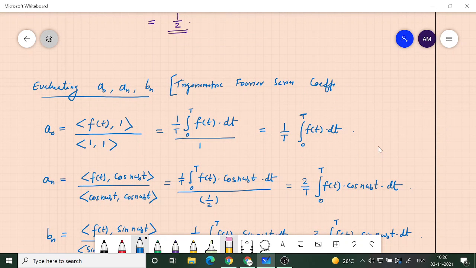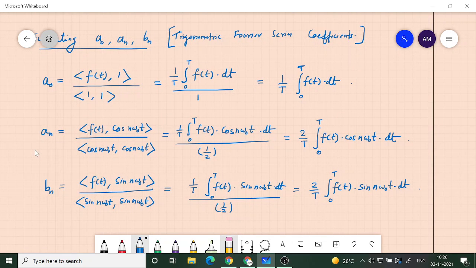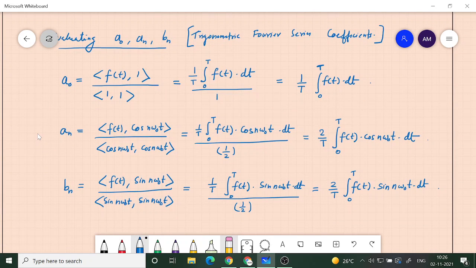We have seen this earlier, the Fourier series. That's what I thought. So we have now derived those formulas. How do those formulas come? We have derived them by using a vector concept.